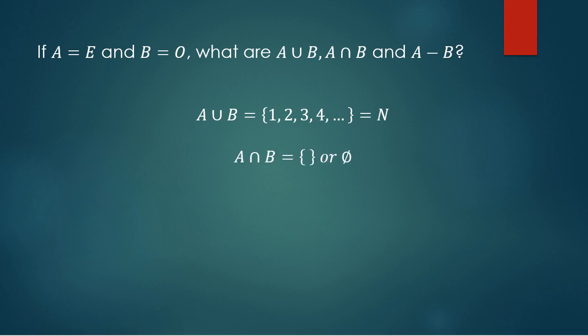The intersection: there are no numbers that are both even and odd. You probably saw that after doing a little bit of messing with it. So the intersection is the null set or the empty set.